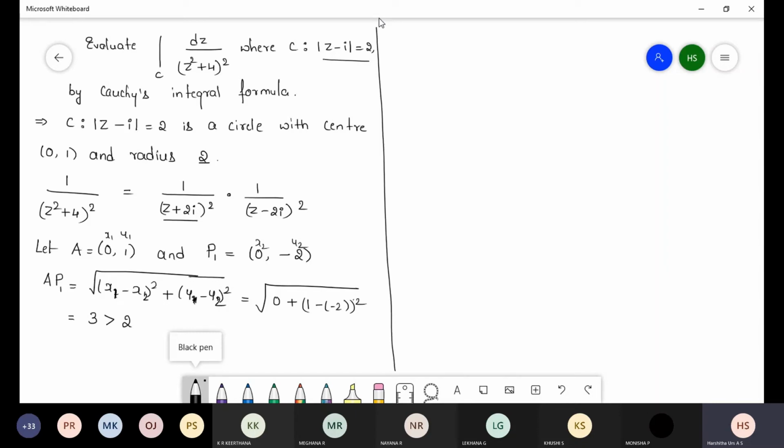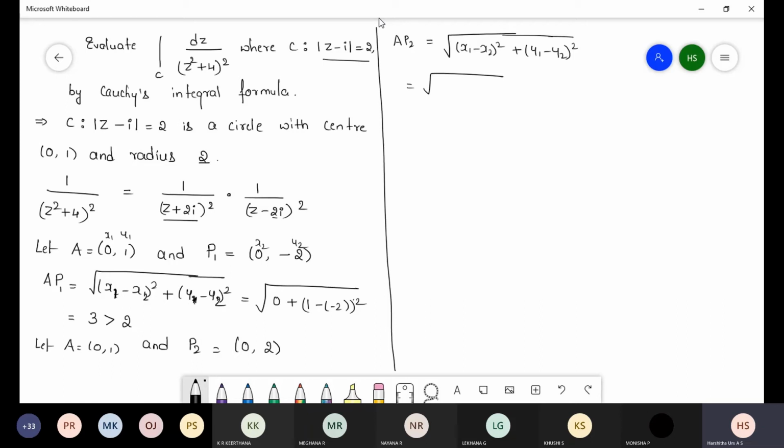Same thing: let A be (0, 1) and P2, the second point, be (0, 2). Here also AP2 is equal to root of (x1 minus x2) whole square plus (y1 minus y2) whole square.